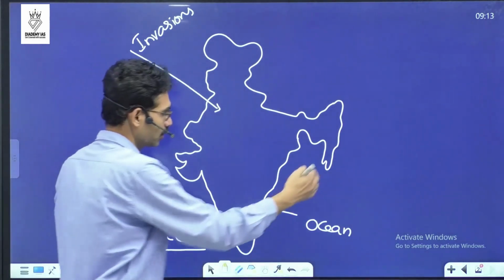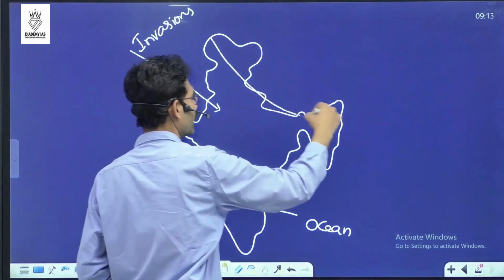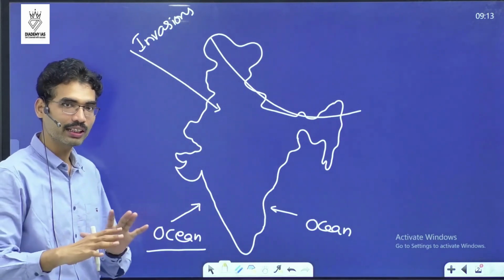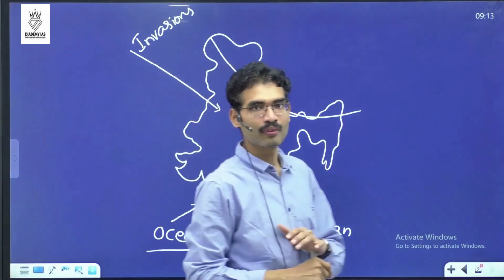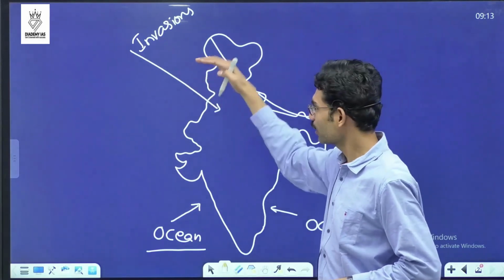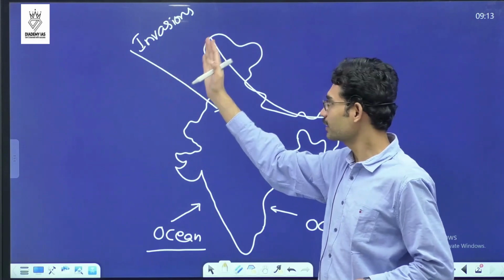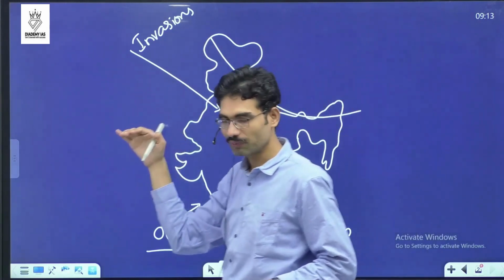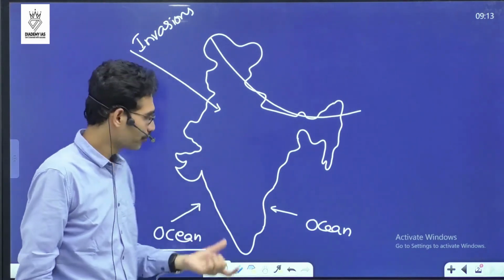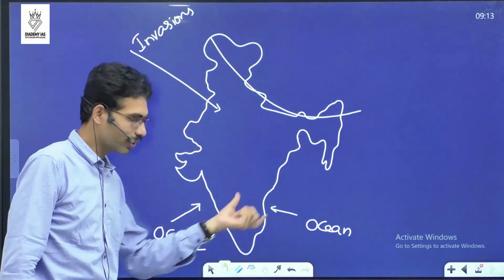Since ancient times, the ocean and also the Himalayas always became the natural barriers for the Indian subcontinent, leaving this northwestern part. Even though mountains are there, there are some passes like the Khyber Pass. This has created passes for the invaders, and always this land has seen invasions. But for the first time in modern India, we are going to see threats from this.